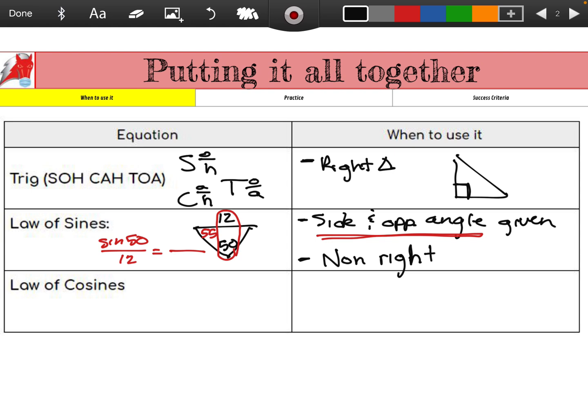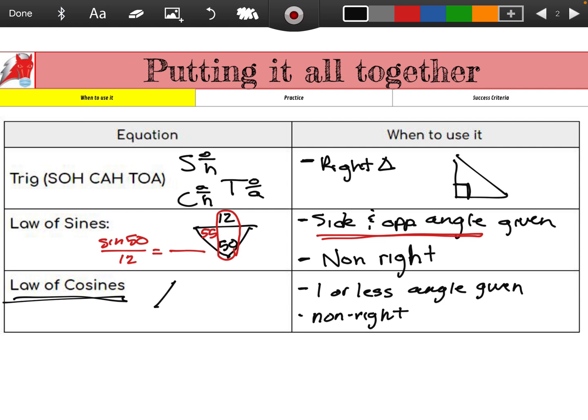Law of cosines, when you know you're going to use it: if you have one or less angle given, and it also has to be a non-right triangle. This is our last option. If we don't have to use it, we won't. There are two combinations that tell you that.